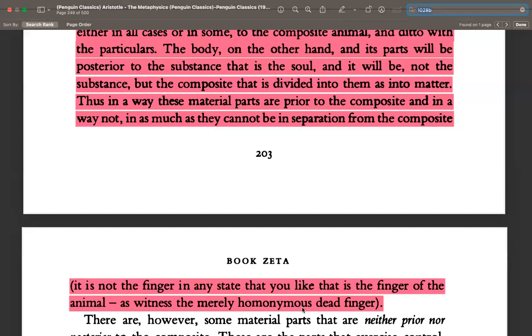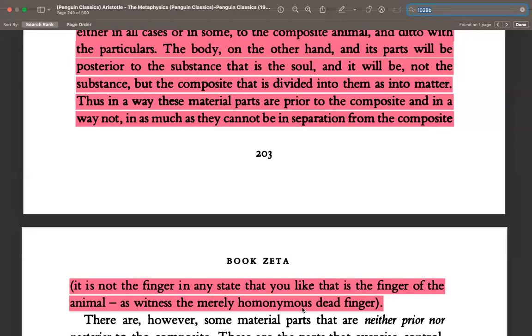There's generally something left over, which in this case we can continue to call a finger if we want. Aristotle claims, however, that we can only do so homonymously, using the same word finger inappropriately in both circumstances, both while it is capable and after it is no longer capable of performing its natural function.